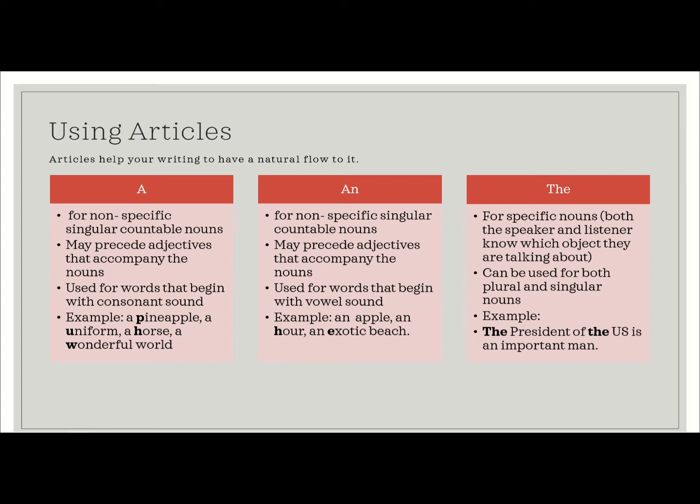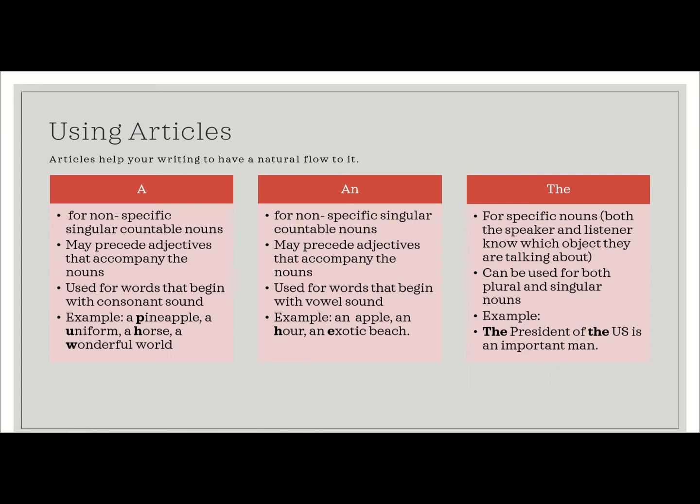A consonant sound and a consonant letter is not necessarily the same. For example, in the word pineapple, the word starts with a consonant letter, P, and it also starts with a consonant sound, P, pineapple. Therefore, using a is appropriate.